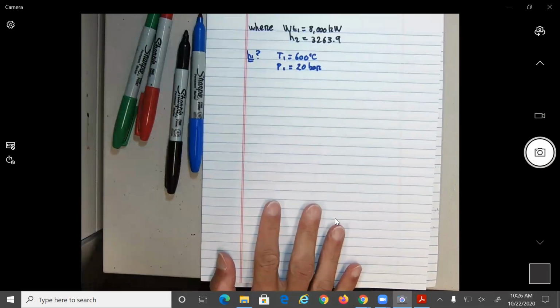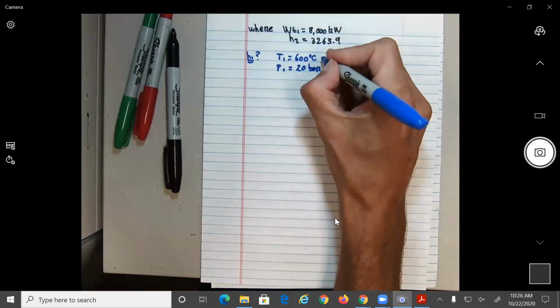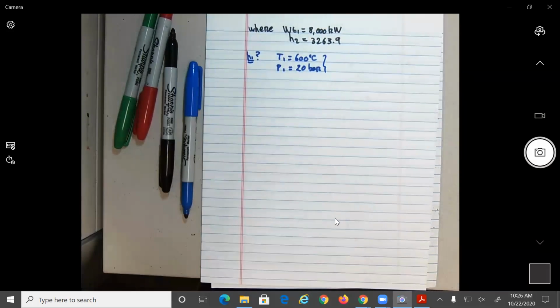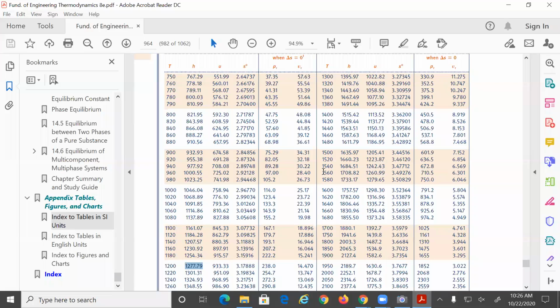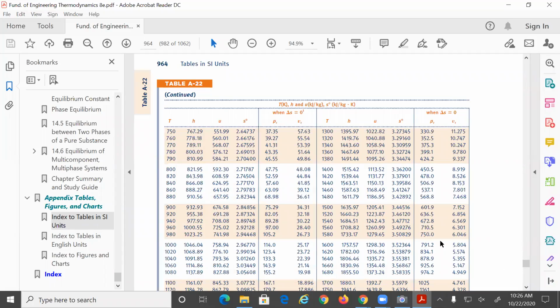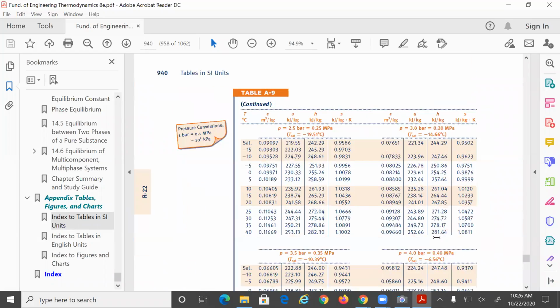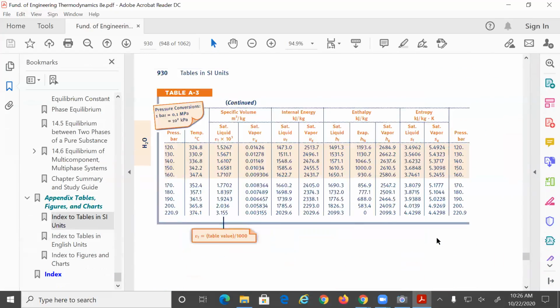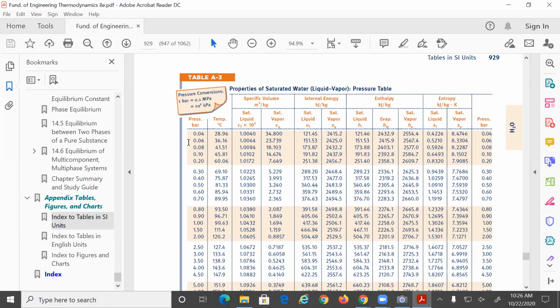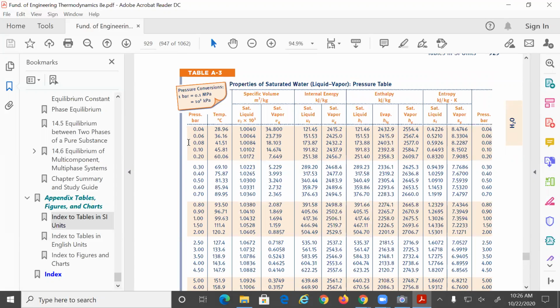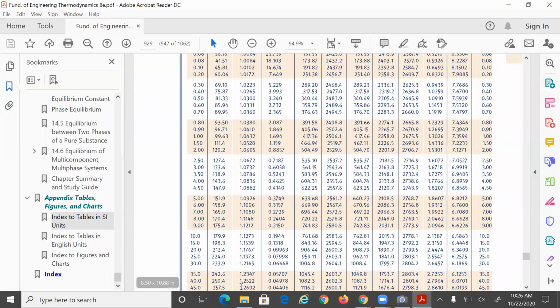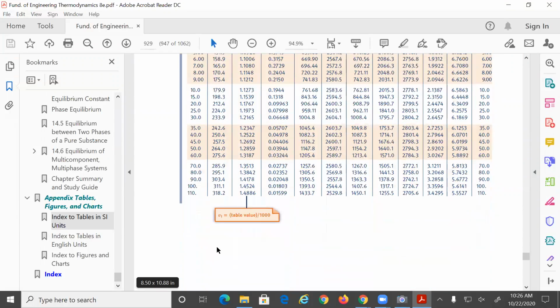So again, we need to go to the table, A3, A4. Let me go up here for a while. Okay, so let's see table A3. This will be the pressure table. We know at P equal to 20, the temperature is 224, and here we have 600. So that means that this is steam, superheated.